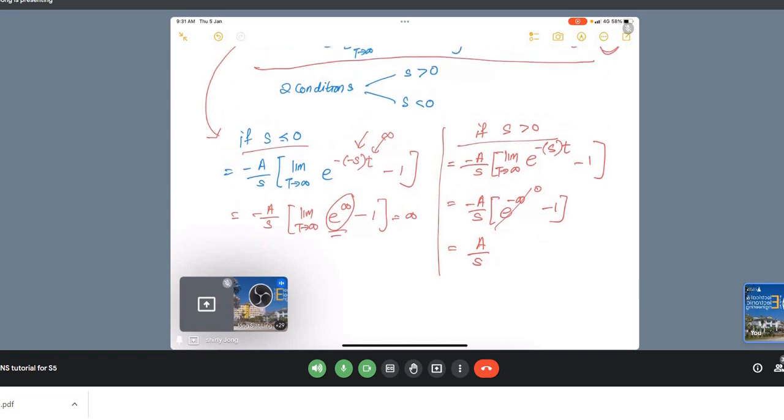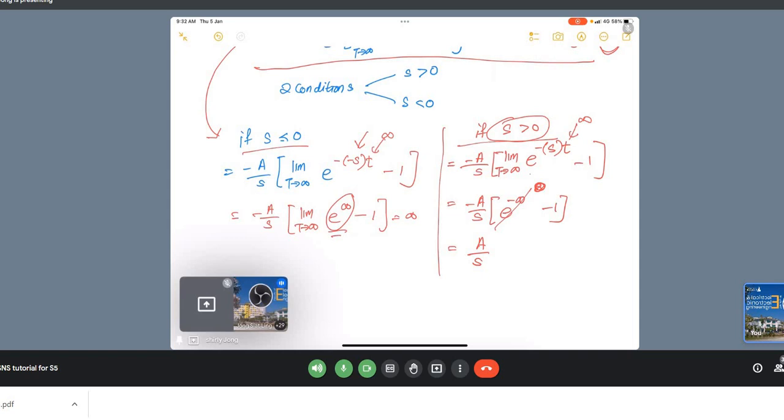What if s more than 0? I substitute the s with positive s. Exponent power of negative s multiplied with t, the t is infinity. So I got negative infinity, which is 0. 0, minus 1, I got negative 1.